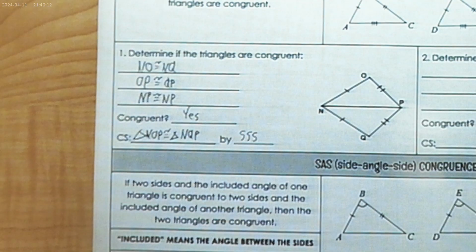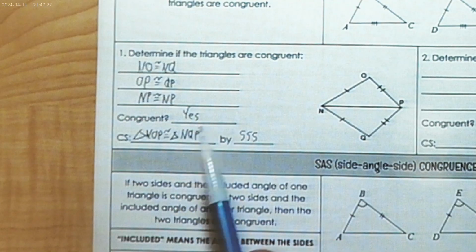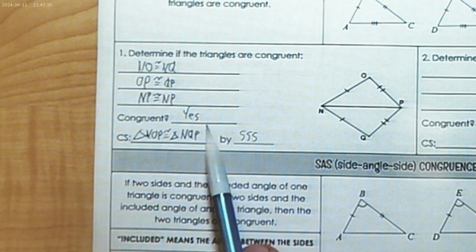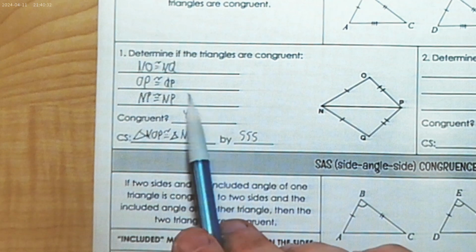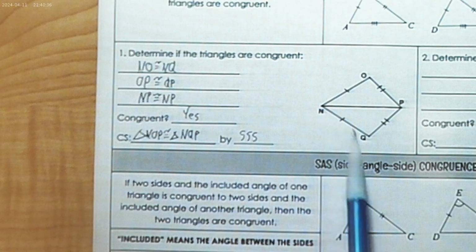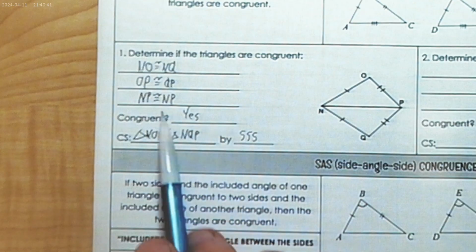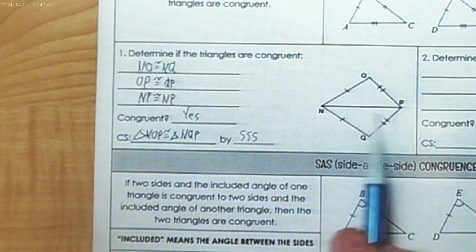This is the structure of what is going to be called a proof, which we will get into next year or next semester, however you want to call it. It's basically putting forward information in a logical sequence so that we can draw a conclusion from it. I'm saying NO is equal to NQ, OP is equal to QP, and NP is equal to NP.